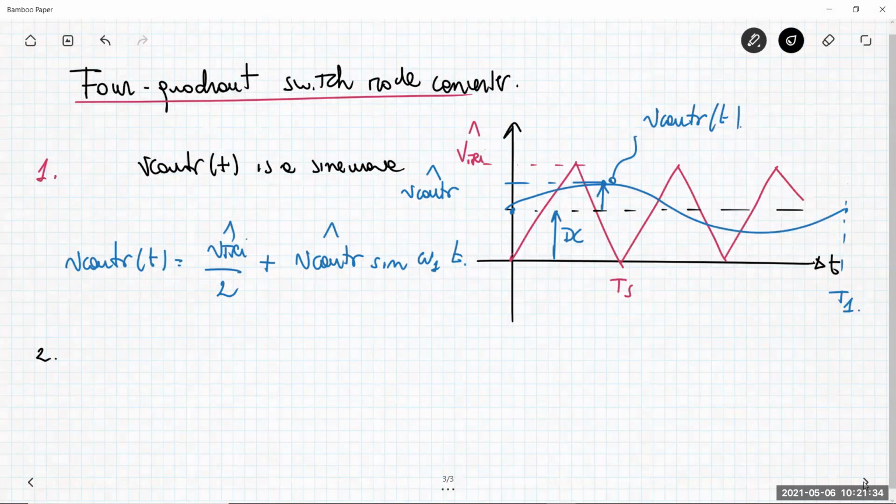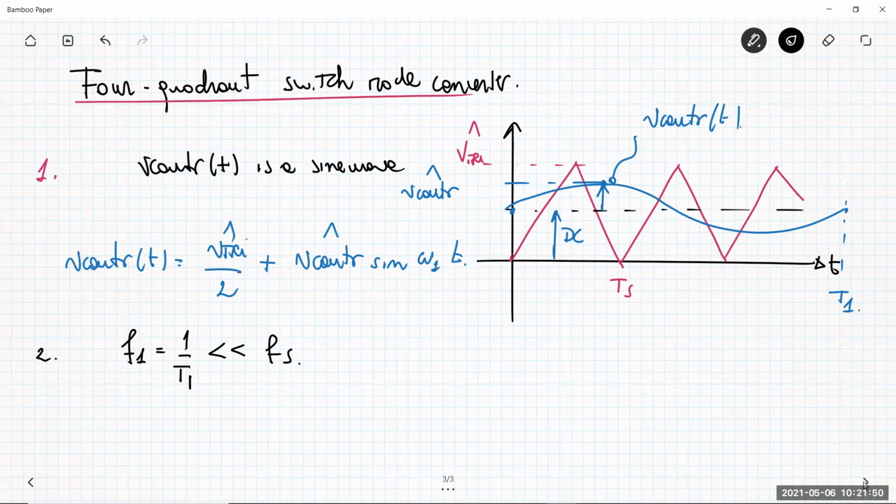The second point that we already discussed is that the frequency f1, which is exactly the frequency of the control voltage sine wave, should be well less than the switching frequency. This is because we are using a modulator. We are using a variation of the duty cycle at the exit of the modulator, which replicates the information that we have in the control voltage.